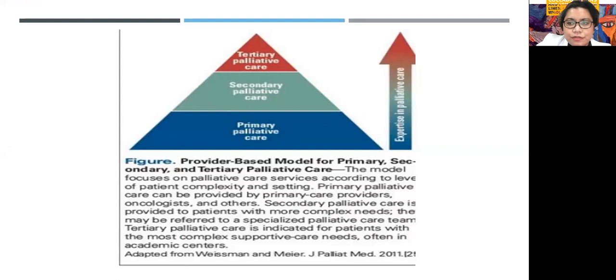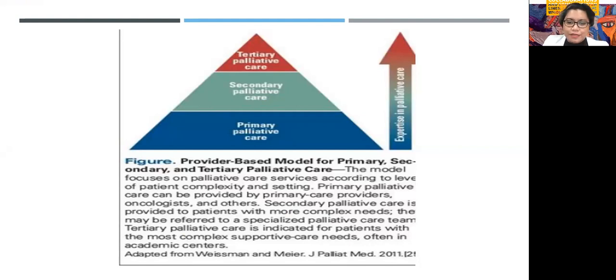So as for your orientation, the provider-based model for primary, secondary, and tertiary palliative care staff focuses on palliative care services according to level of patient complexity and setting. Primary palliative care can be provided by primary care providers, oncologists, and others.